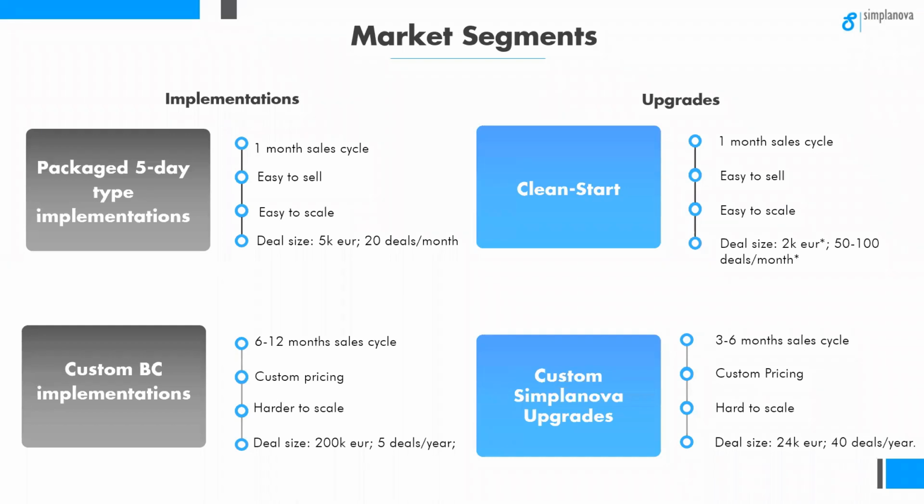I don't know if you've checked the market, but there are already some partners such as ABC Business or Bamboo Cloud or NAV that are proposing package 5-day type implementations for new customers. And one of the biggest advantages of working in this model is that there is a really short sales cycle. It's roughly 1 month.